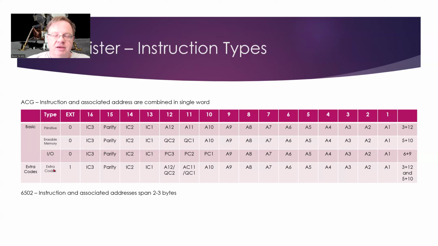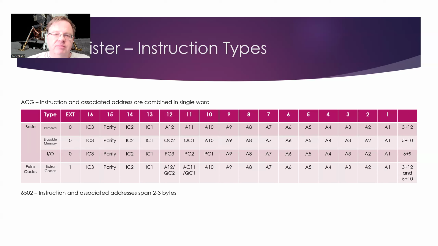And from that, you can then use, depending on the extra code instruction, either 3 bits or 5 bits to encode the instruction, giving you either the 12 bits of memory address or the 10 bits of address, depending on if you want it to be universally applicable or only applied to erasable memory. Now, this is different if you look at, say, something like the 6502 and the way that it encodes its instructions and addresses.